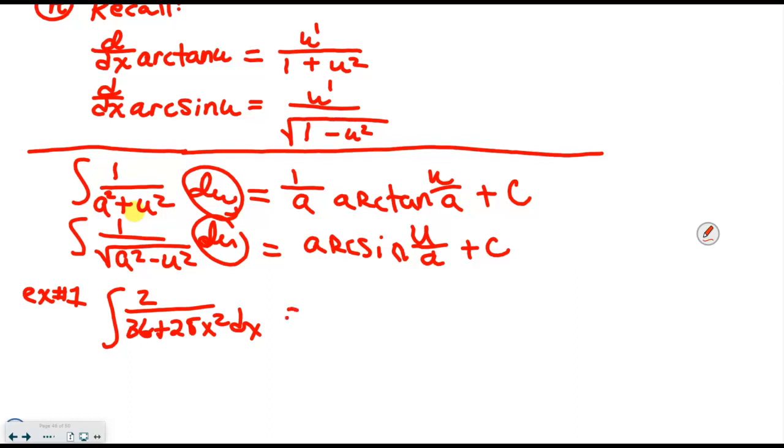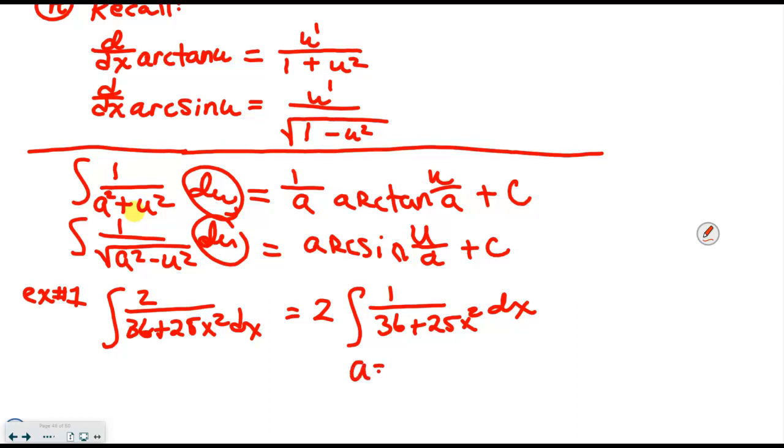First thing I would do is what we always do. I'd get that numerator, that constant, and just get it out of the mix. So I'm going to do a little rewrite and get that constant out of it. Now, down here I need to write it as 1 over a squared plus u squared du. Once I can get it written like that, I can pass off to my model. The A is a piece of cake.